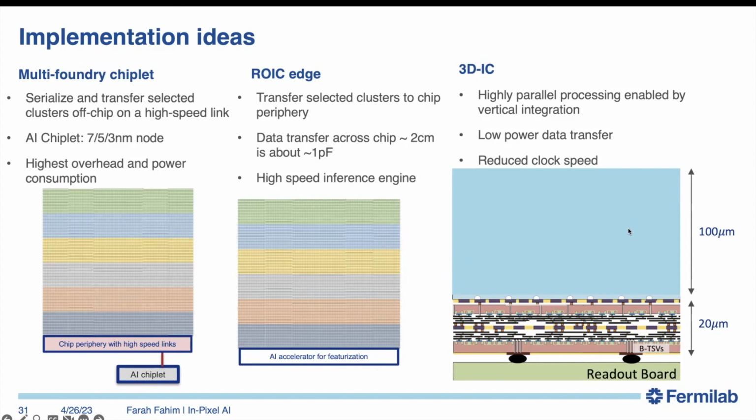Looking in a more forward direction, you can think about a 3D IC where you're doing the data classifier on a level 1 chip, and then you can do a data classifier on a second chip, which is 3D integrated on a higher level. Then you can, of course, choose a different technology node and so on.